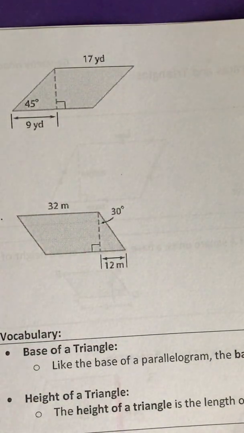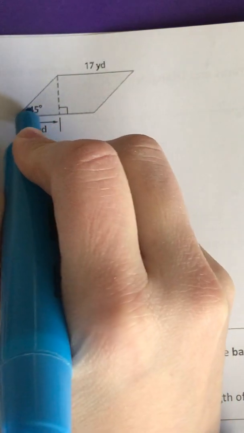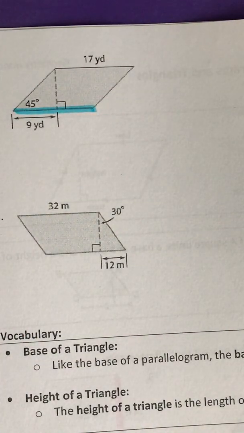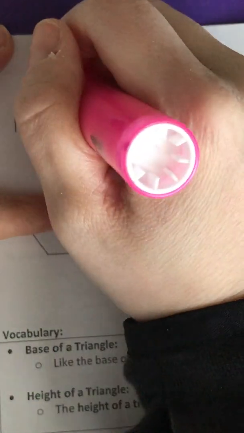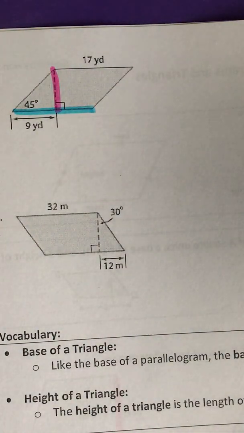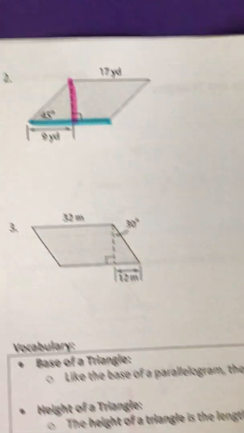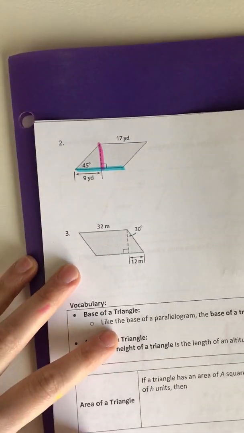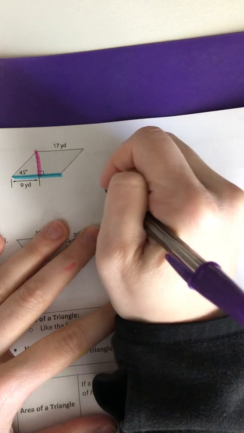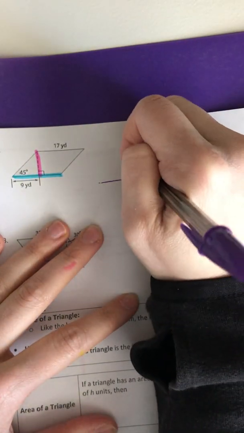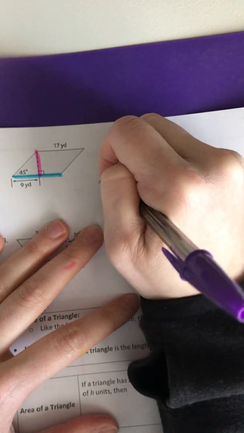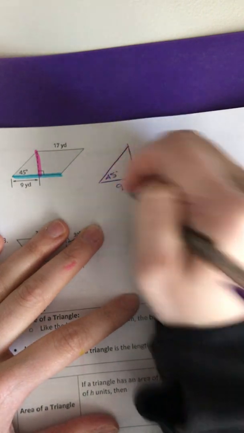Again, we have the whole base, because it's just going to be 17, but we don't have my height. So I'm going to look at this as a 45, 45, 90 triangle. And we know that this side is 9.